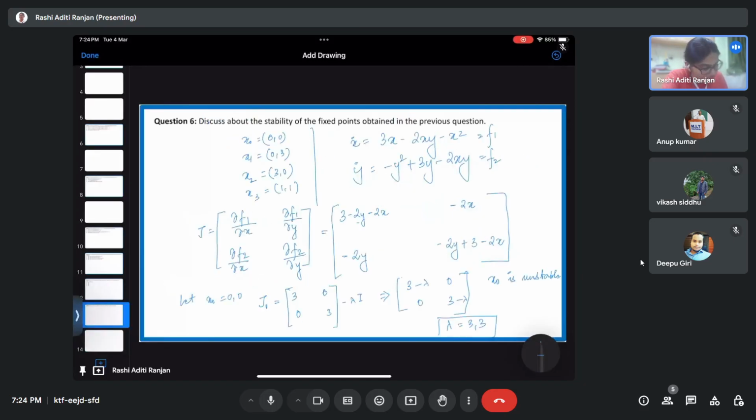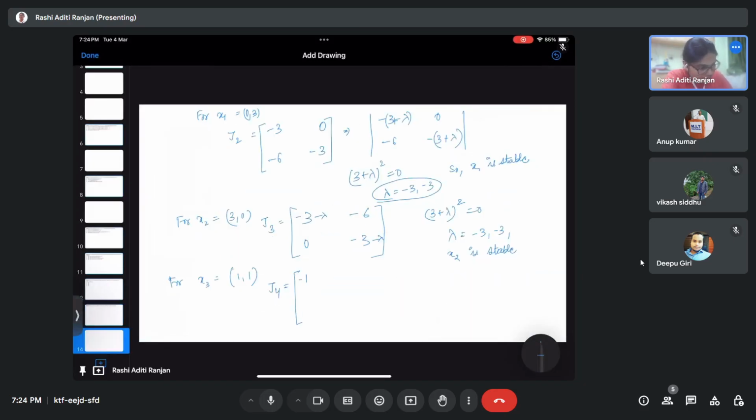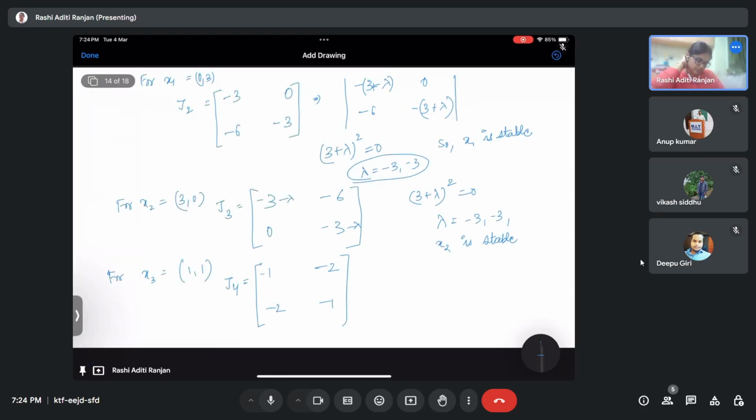We have minus 2, minus 2 and minus 1. For computing the eigenvalues, we'll have minus lambda, minus lambda. If I take the minus out and 1 plus lambda is common, what is going to happen? We are going to have 1 plus lambda.